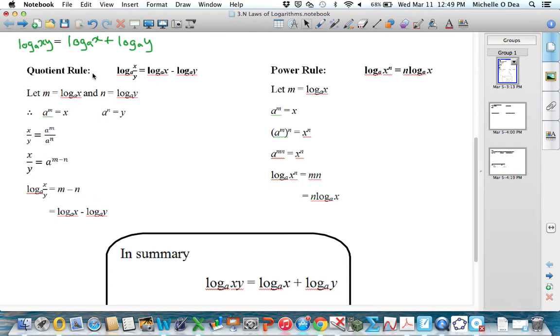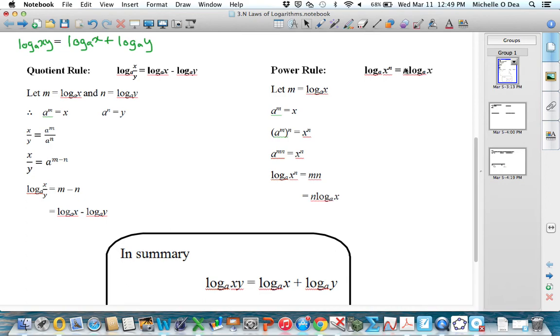I won't go through the proof below, but you can read through it. There is a similar proof. You don't have to repeat these proofs. And then we have what I call the power rule, because we have log of x to the power of n base a. Another way to write that is to bring that power down the front, so it's n lots of log of x base a.